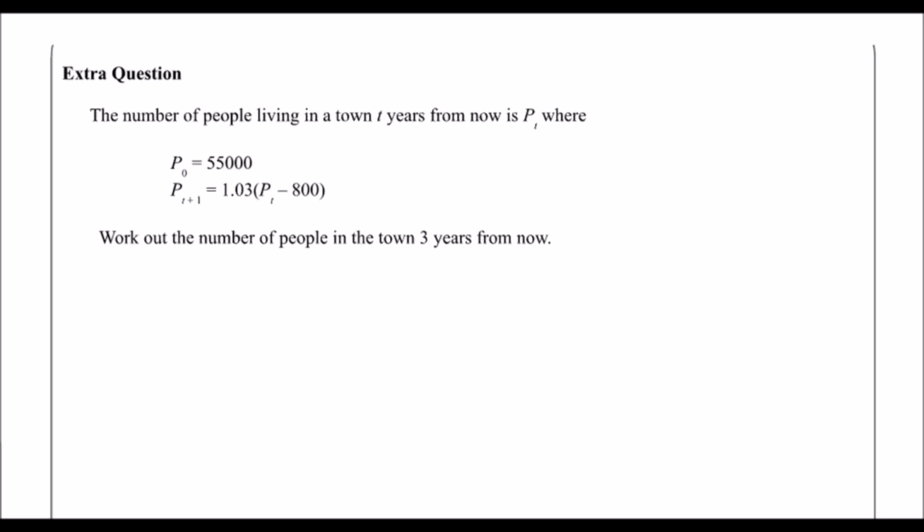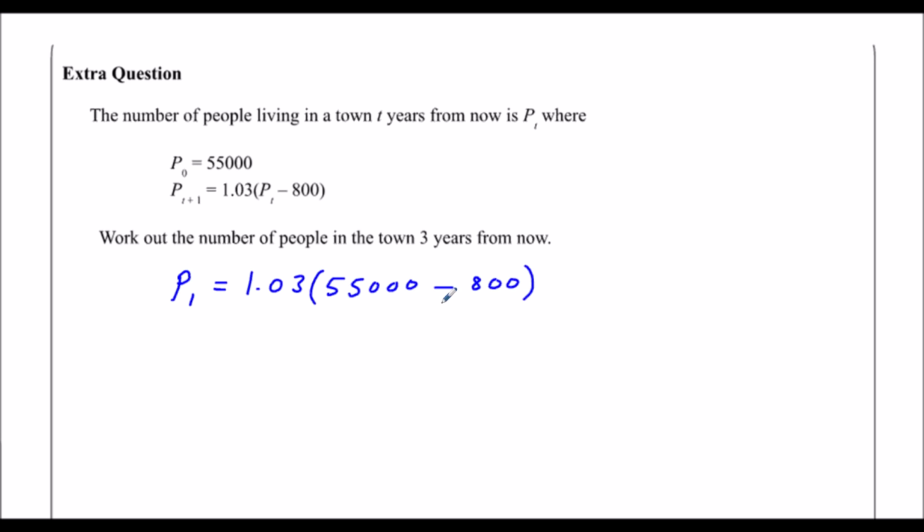So iteration is all about using our previous answer to get the next answer. So pt plus 1 is 1.03 times pt minus 800. So if we use t as 0 the first time, 0 plus 1 is 1. So p1 is 1.03 times p0, which is 55,000 minus 800.